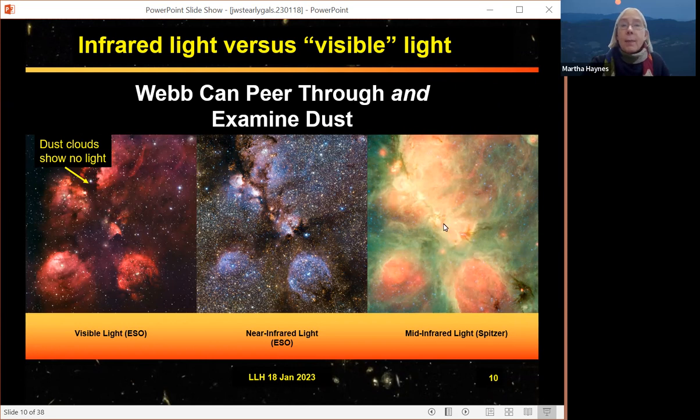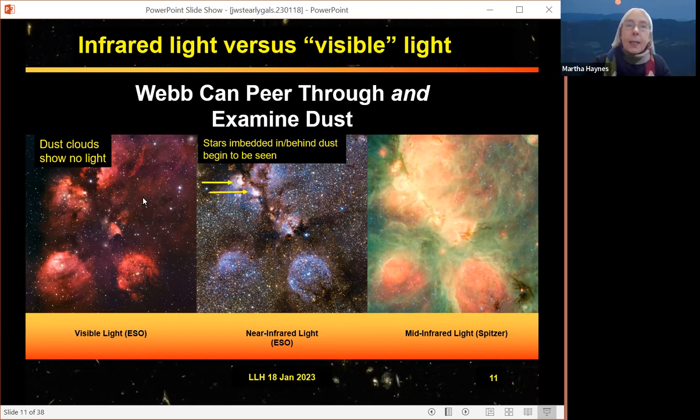And you see the images show different structures. This is the same image of the sky. And in particular, I want to point out that in this visible light image, there are regions that appear black. Whereas when you go to the infrared, you actually see in those same regions bright glowing objects. And in this case, the reason is because there is dust in front of those glowing objects, which completely blocks out the visible light, but the infrared light gets through.